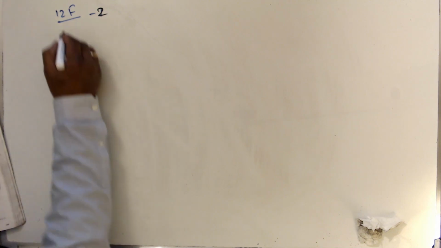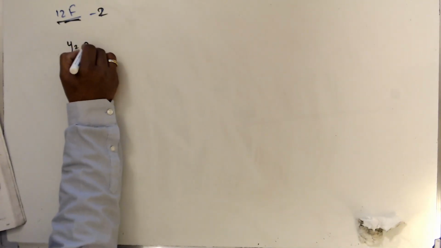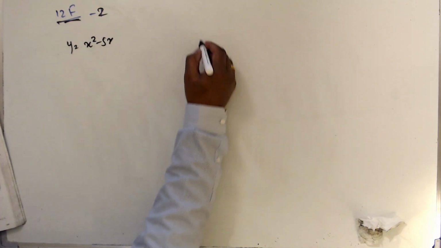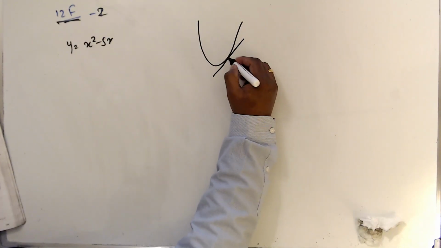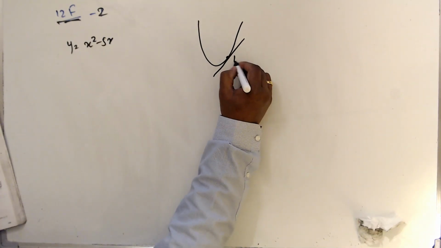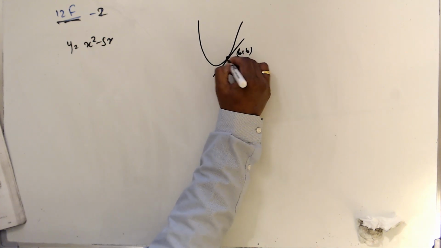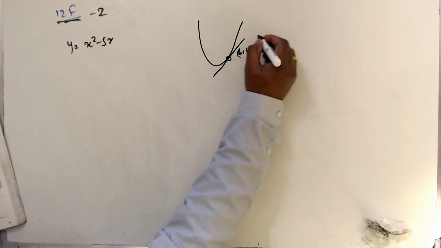Question number 2. The curve is y equal x squared minus 5x. Now we have the curve, and this is the tangent, and at 6, 6, this point is 6, 6, and we don't need the tangent now.